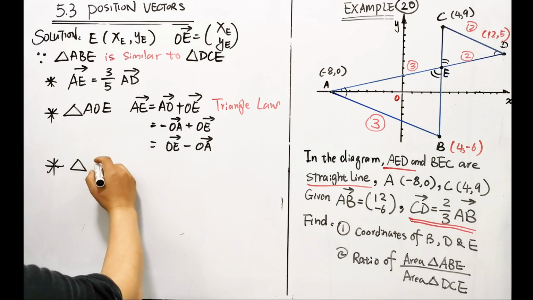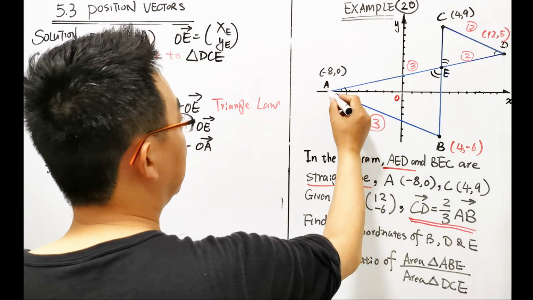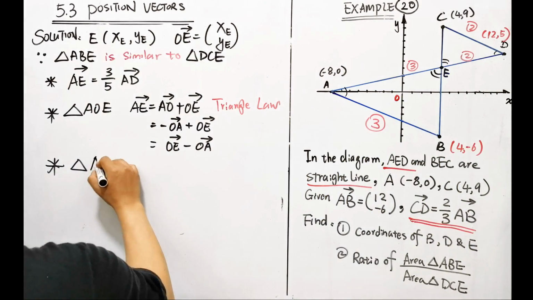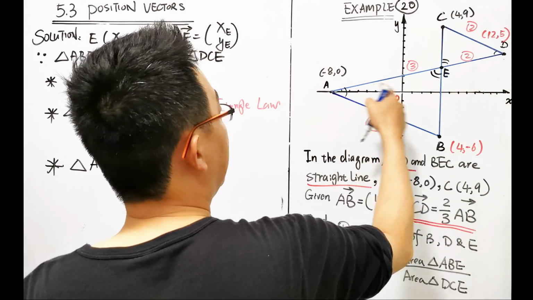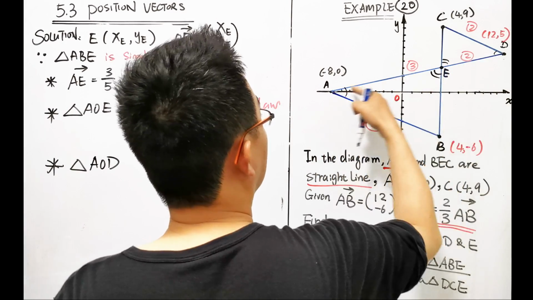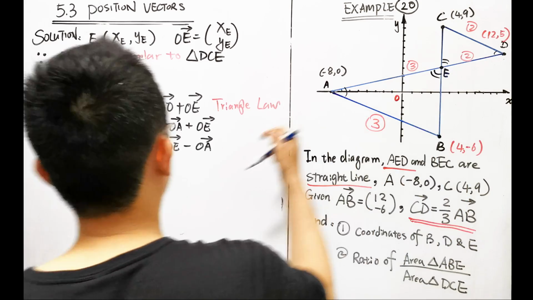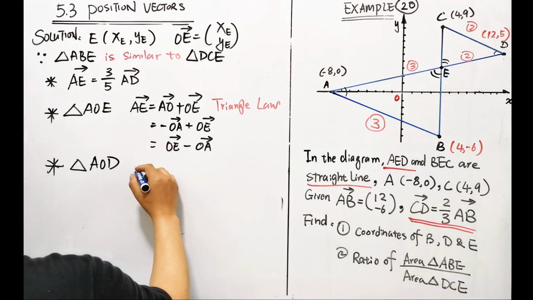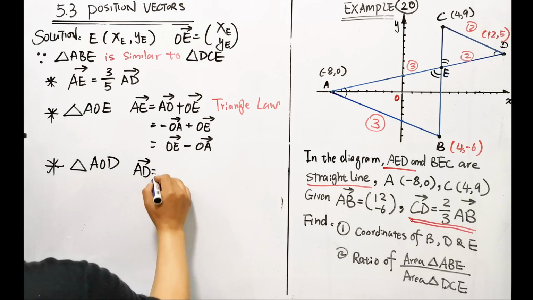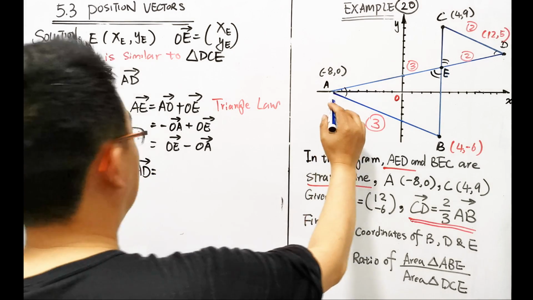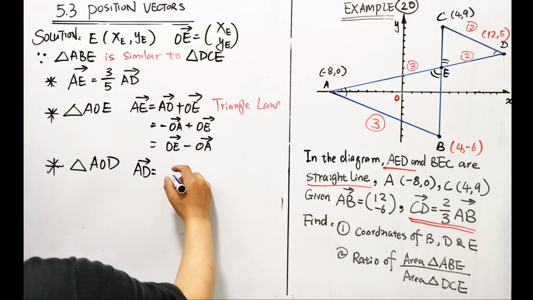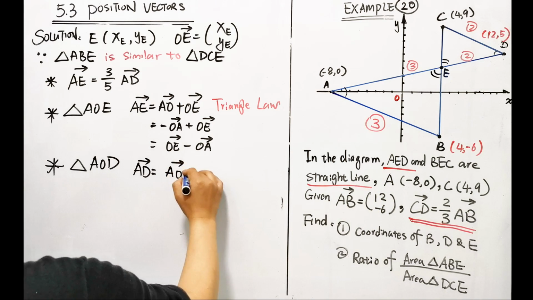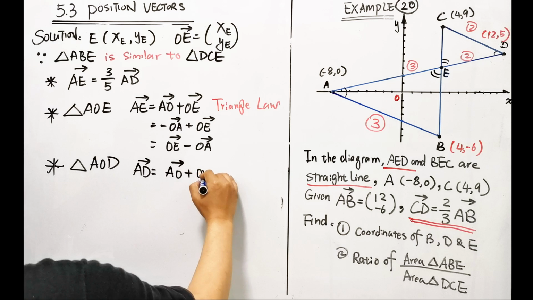AD in another bigger triangle, AOD. So in the triangle AOD, what is AD? AD equals AO plus OD, right?